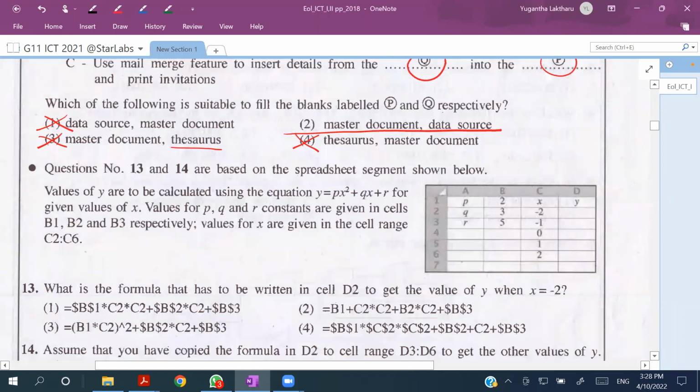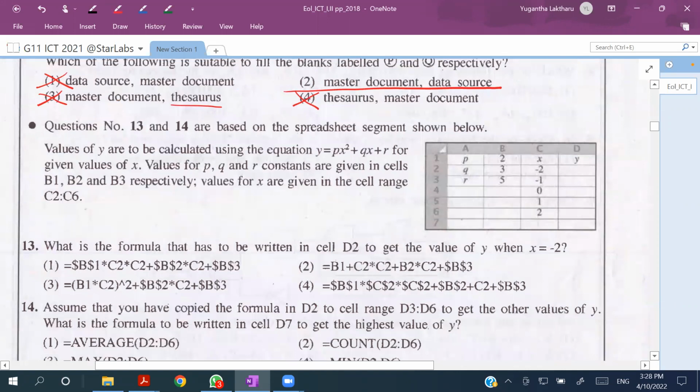13th and 14th are based on this Excel, right? It's an equation that they have used here: y = px² + qx + r. The value for x is given, so they are going to generate the value for y using the values of p, q, and r.